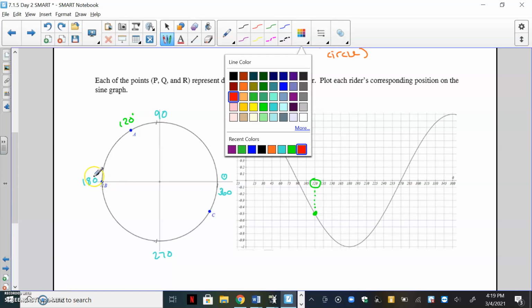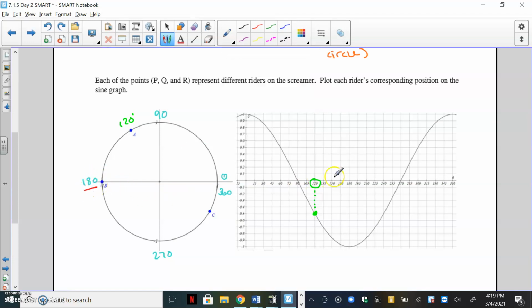All right, so let's try another one. This one's quite literally at 180. So I will put 180 on the x-axis. I will trace it back to my graph, and I'll plot my point right here. All right, one more point.